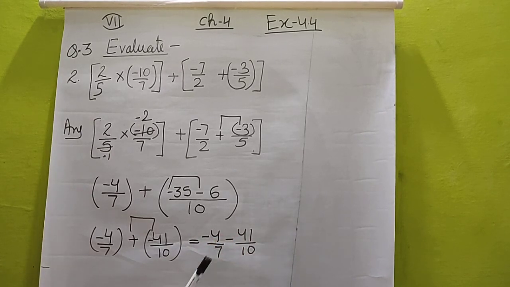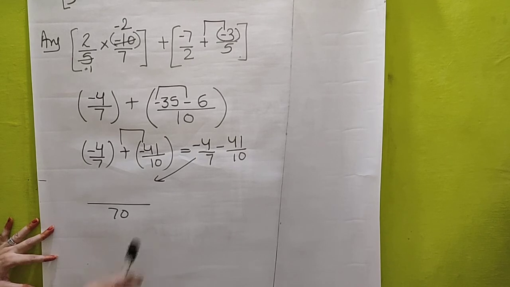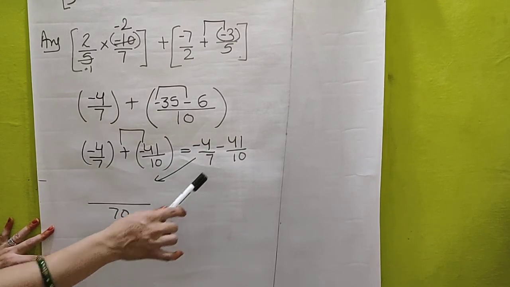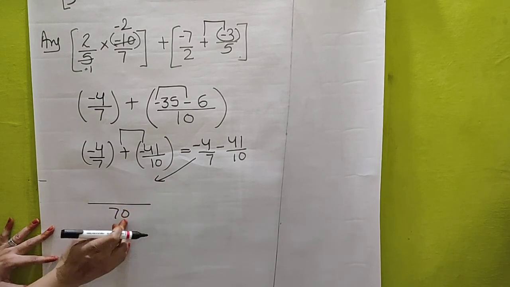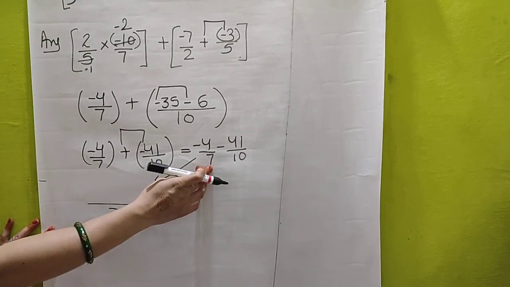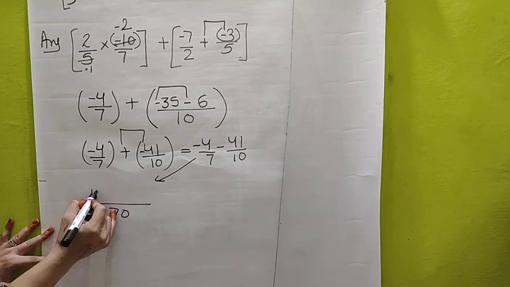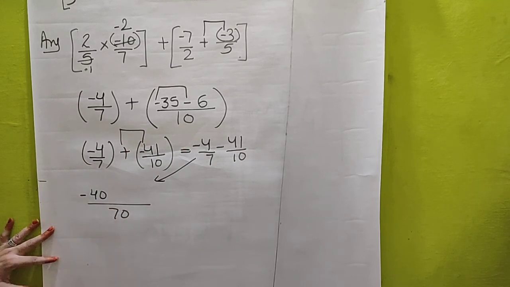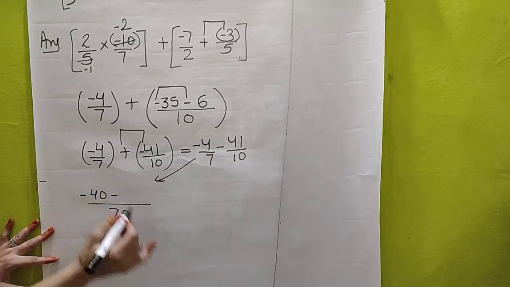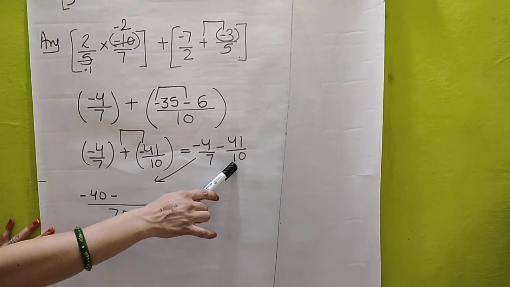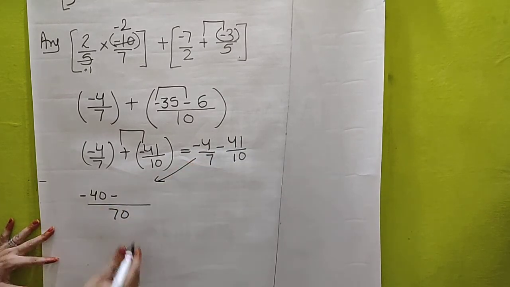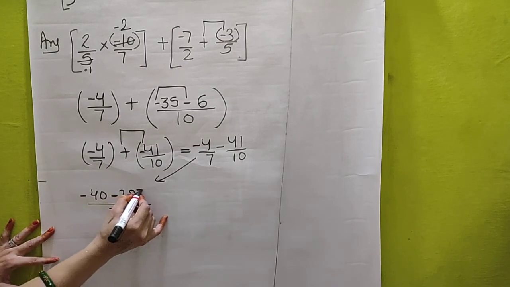Now students, again the denominators are different, so we will take the LCM. The LCM of 7 and 10 will be 70. Now 70 divided by 7 will be 10. 10 multiplied by 4 will be 40 with the minus sign. Then this minus sign will be as it is. Now 70 divided by 10 will be 7. 7 multiplied by 41 will be 287.